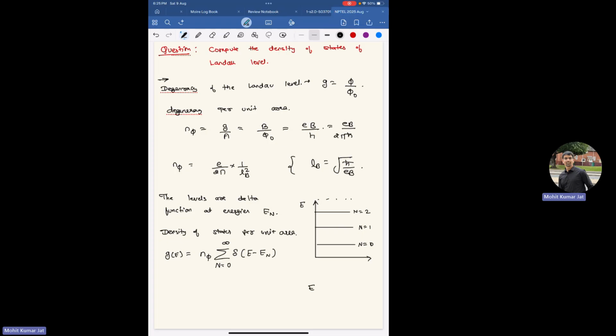En I will write as h bar omega c times N plus half. So this is the density of state per unit area for your Landau levels, and it is a Dirac delta function.